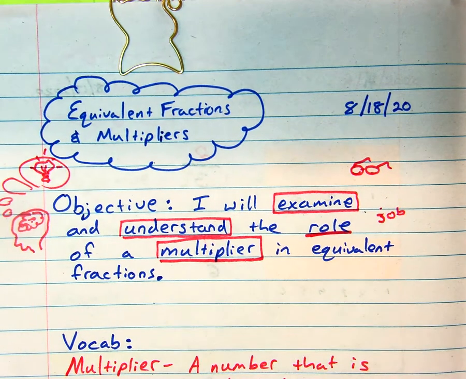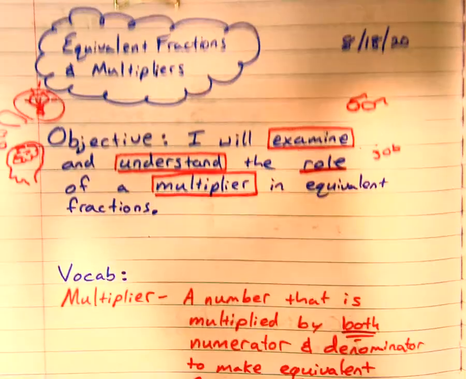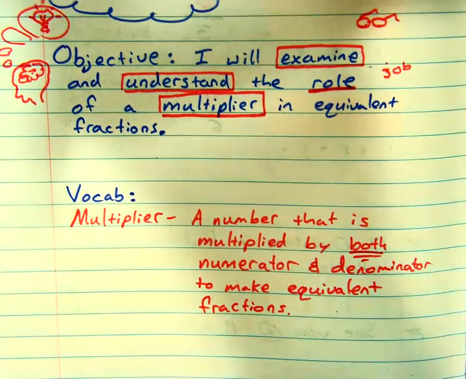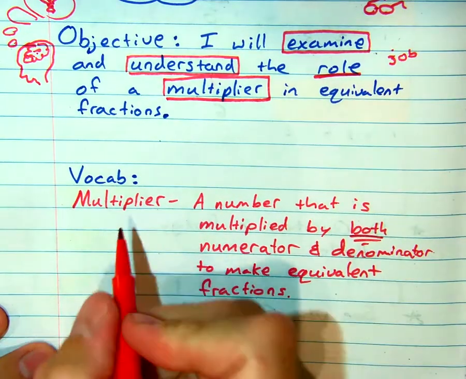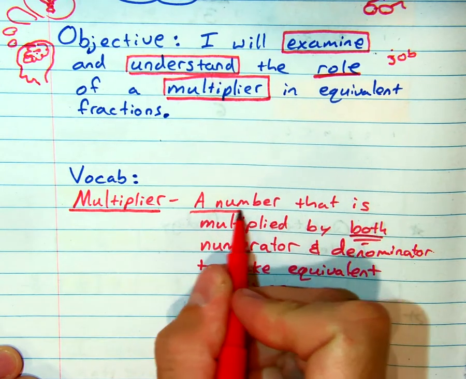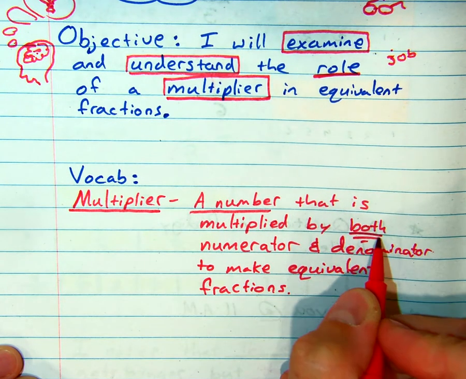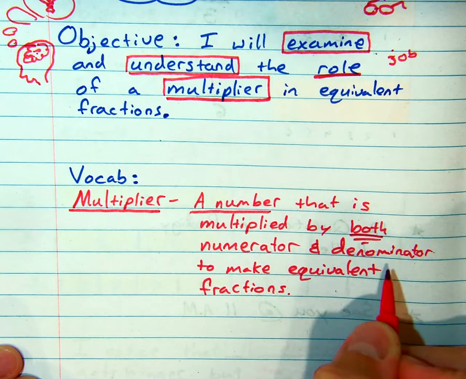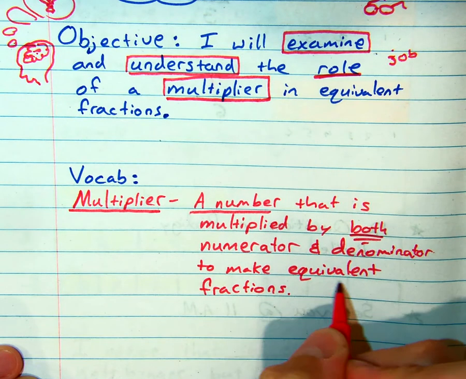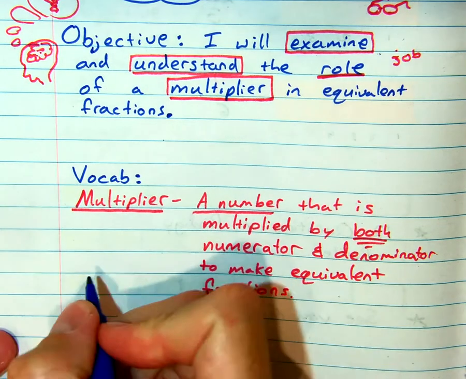I didn't even have it on the screen. Let me scroll down. One more time. Multiplier: a number, one single number that is multiplied by both numerator and denominator to make equivalent fractions.